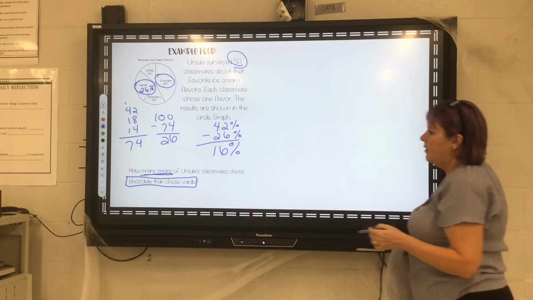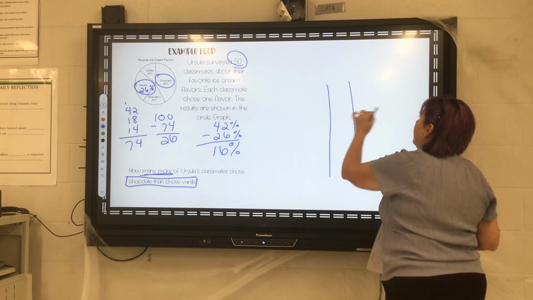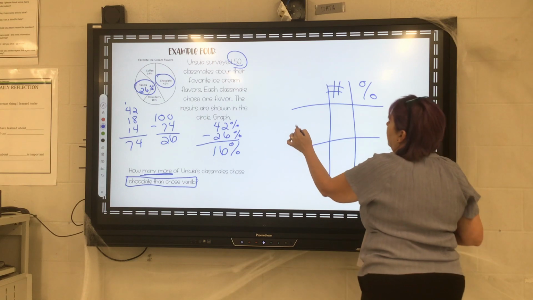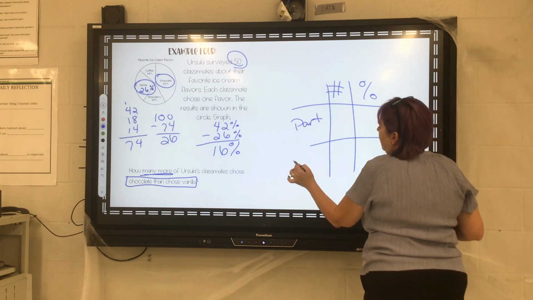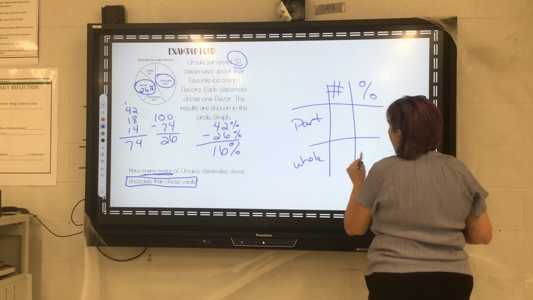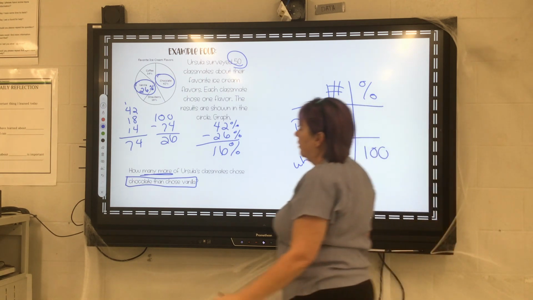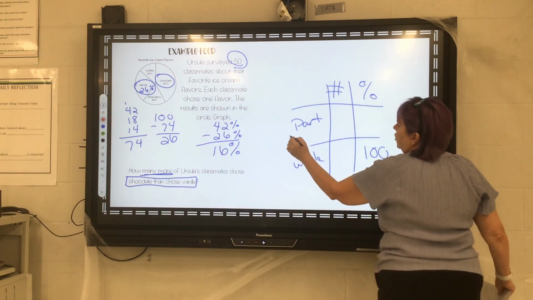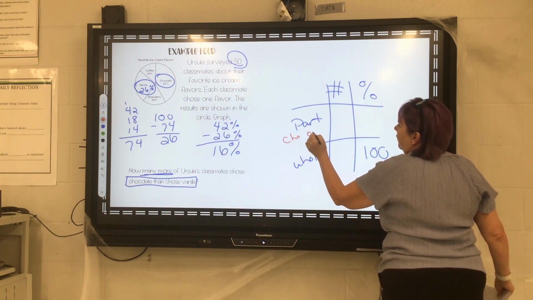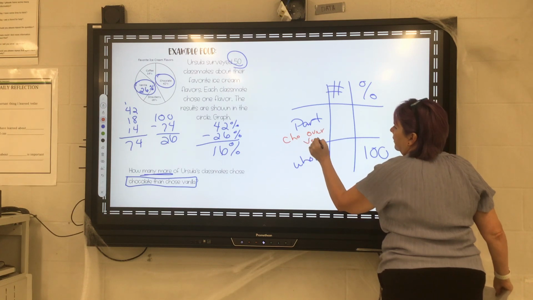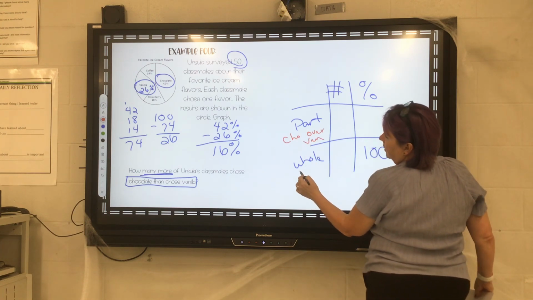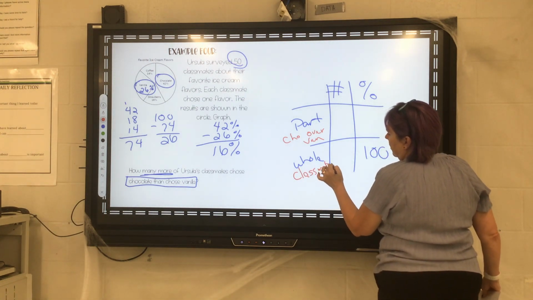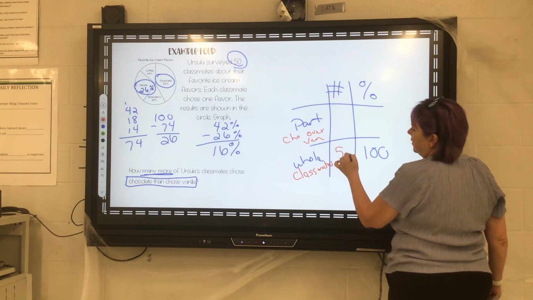Okay, so now we're going to set up our chart: number, percent, part, and whole, and 100. Our part is chocolate over vanilla, and this is classmates. So we had 50 classmates.